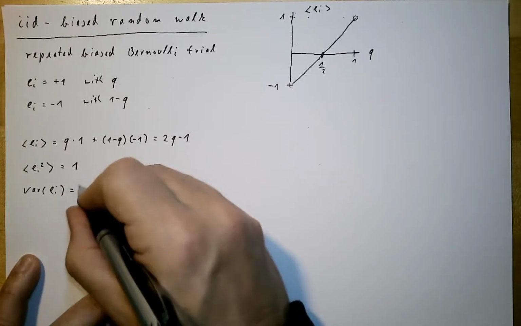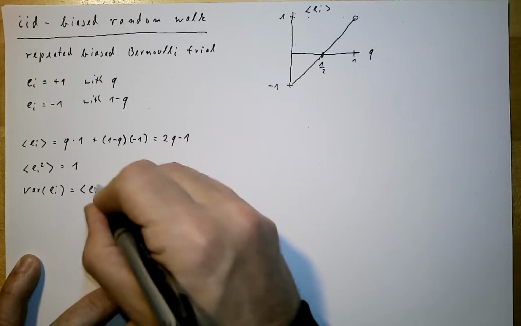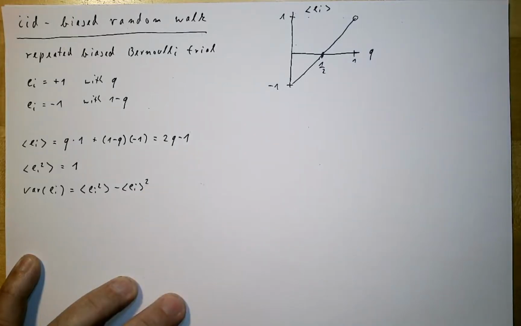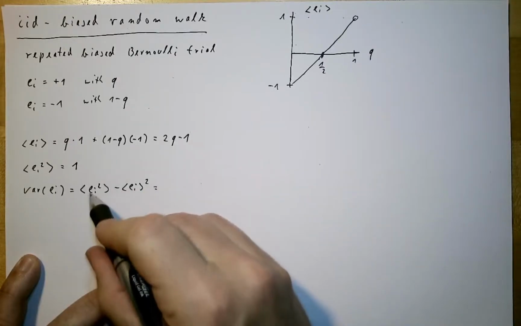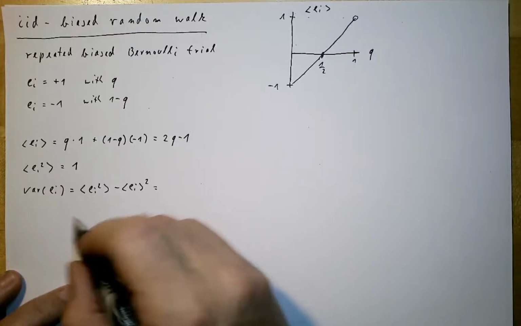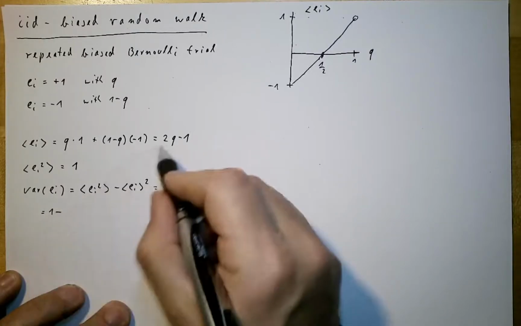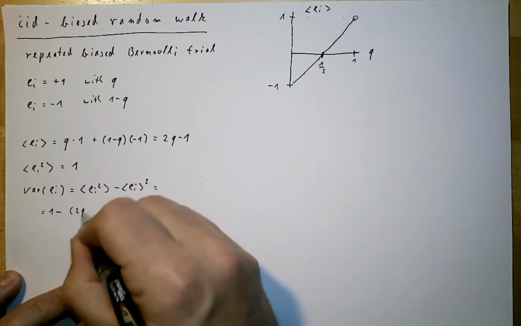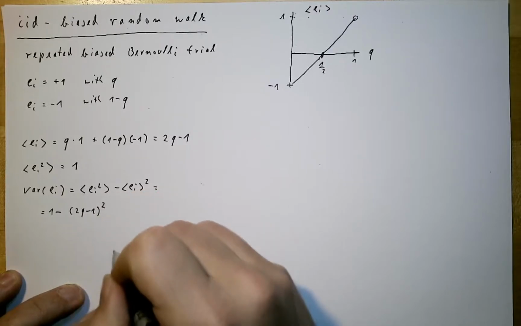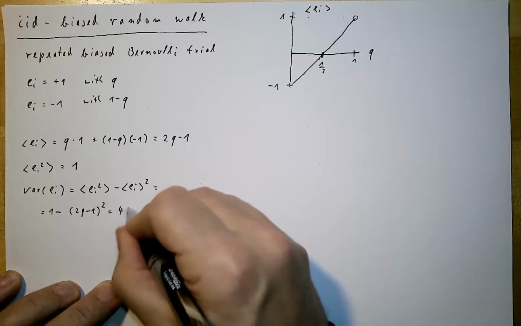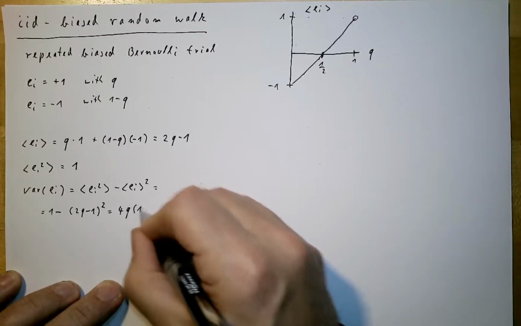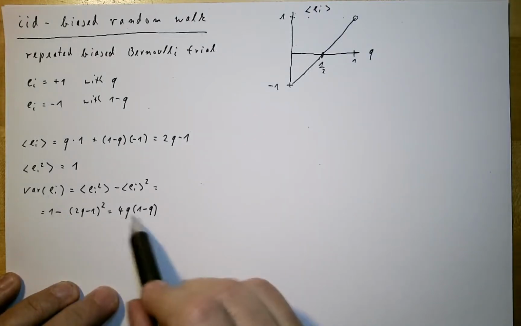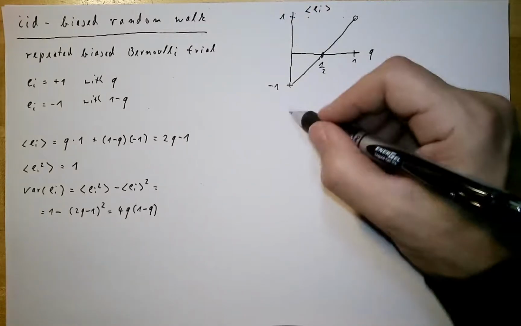The variance of the increments is the second moment minus the first moment squared, and this is 1 minus this combination, 2q minus 1, squared, which you can also write as 4q times 1 minus q. So you see the variance of the walk is a quadratic function of the parameter q.